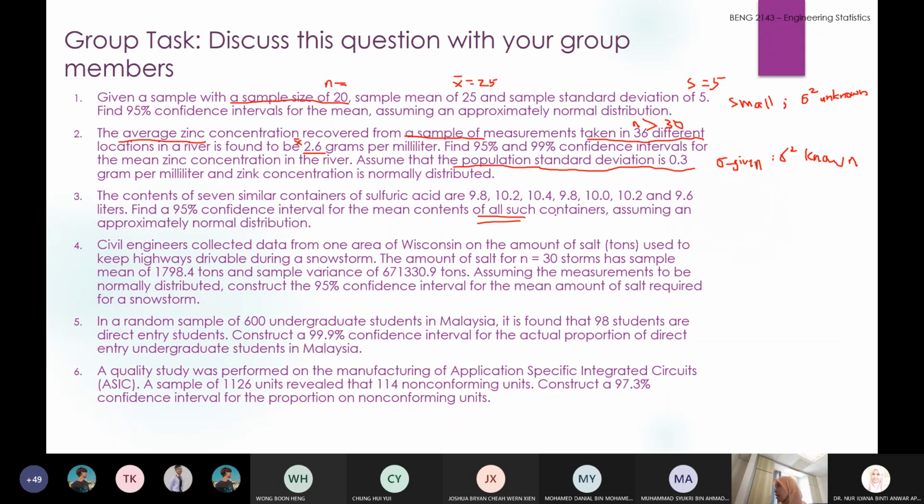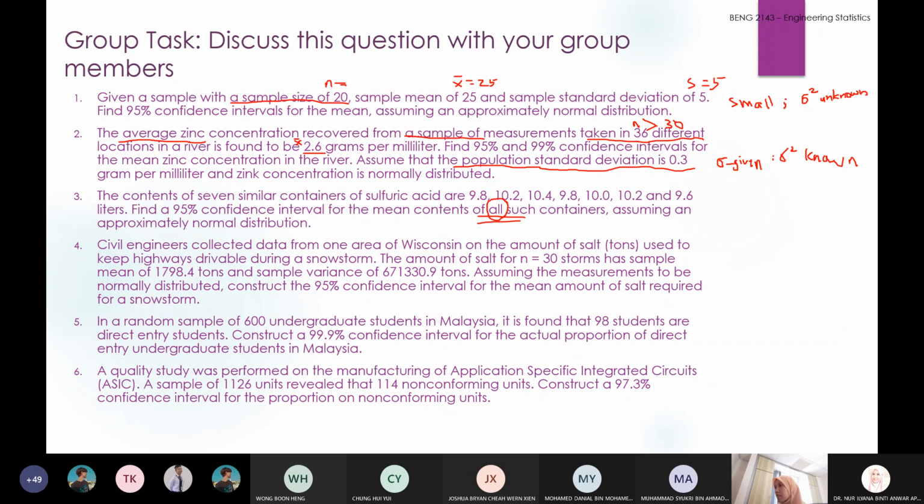So for number 3, it's a small sample, correct? But we can also measure the standard deviation and the variance based on the 7 data. The trick here is the word all. So it's actually a study on the population.